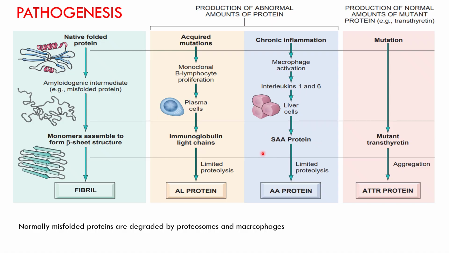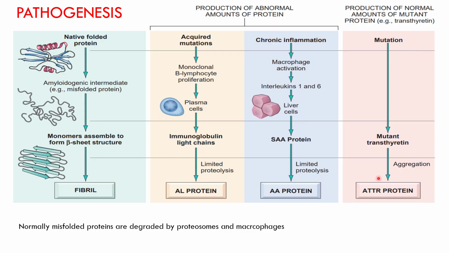Due to the increased production of SAA protein, there is limited proteolysis of this protein, and this protein aggregates to form AA protein. So AL protein amyloid is seen in conditions like multiple myeloma and plasma cell clonal disorders, and AA protein amyloid is seen in chronic inflammatory conditions.